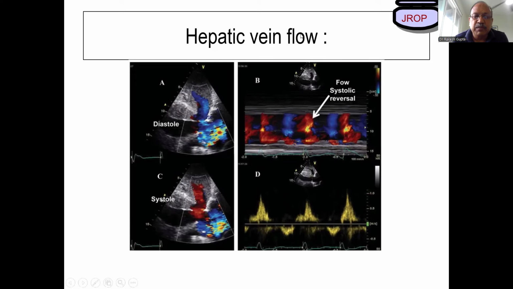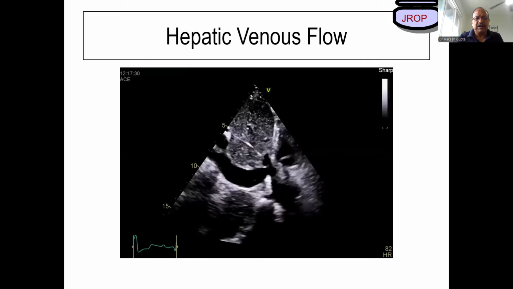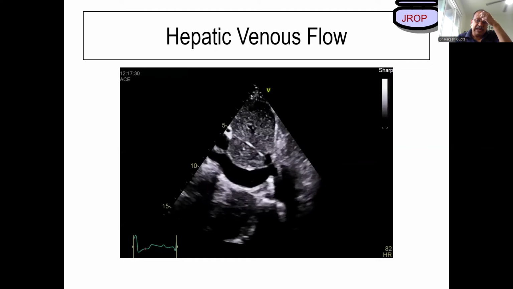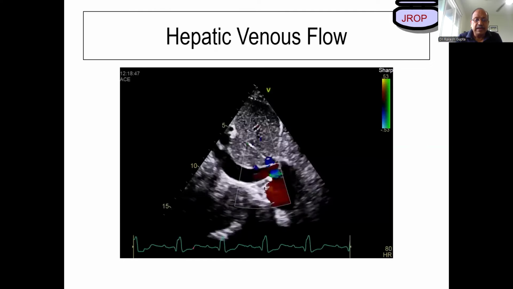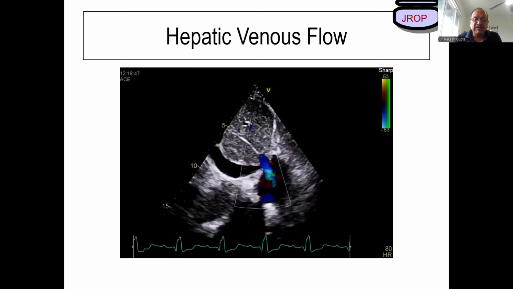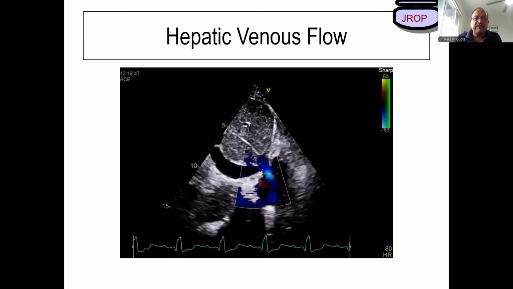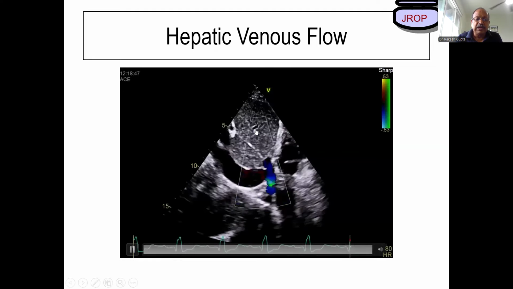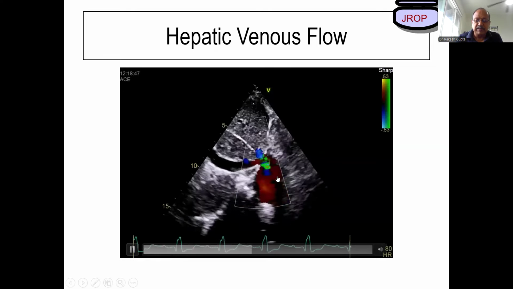Same thing, we can put a cursor across this tricuspid valve leaflet in M mode, and then we can see what exactly is happening at the tricuspid valve. I'm trying to show you what the hepatic venous flow is. Now look at this hepatic venous flow, it is almost all forward flow. It's all blue in color because it's away from the transducer.